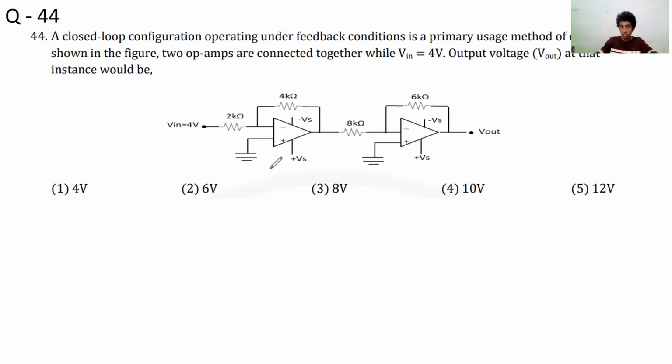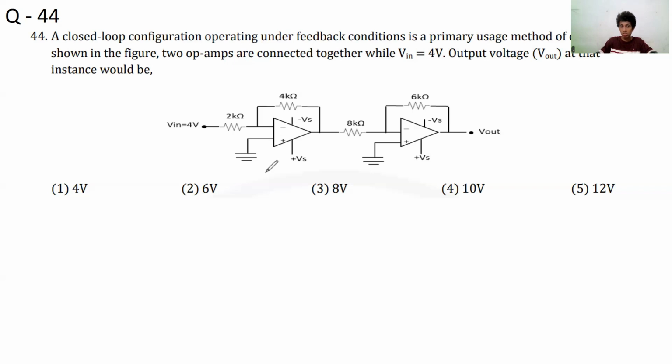So there are two golden rules that can be applied to the op-amps in the closed loop configuration. The first golden rule states that when an op-amp operates in the linear region, the voltage difference between the two op-amp input terminals is equal to 0.